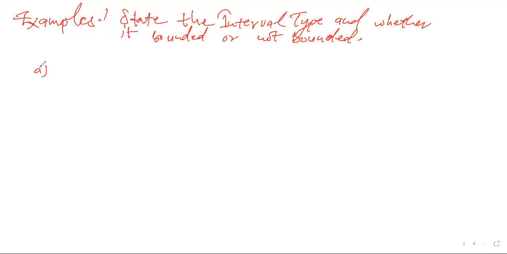Okay. A: (1, 10). Let me write many examples. B: (-3, 0). C: [-5, -1].